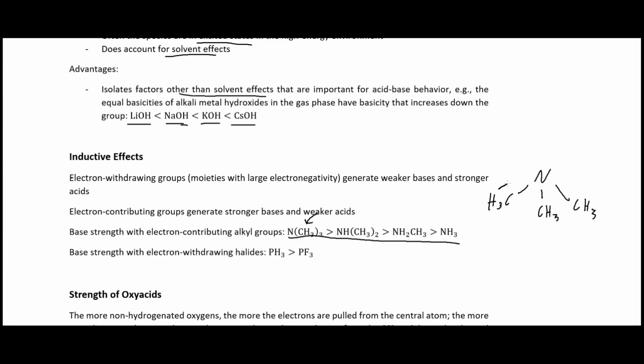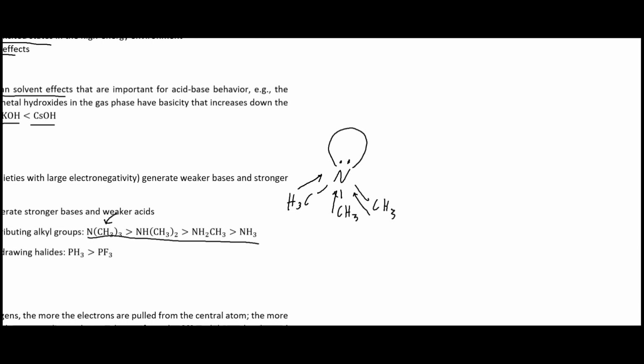So they're pushing a little bit of charge onto the nitrogen, and that makes the lone pair have a larger lobe, and so that is going to be more basic than if you have, for instance, just the ammonia, which is the NH3.